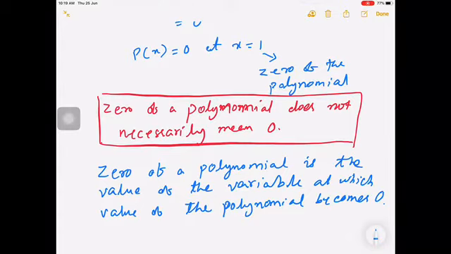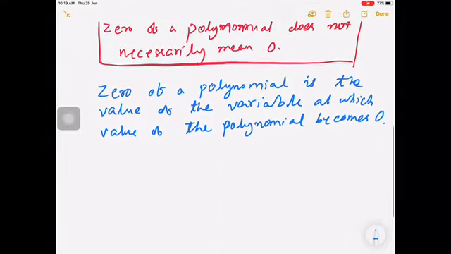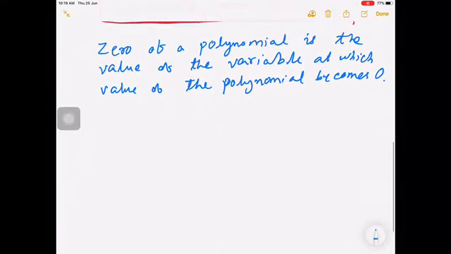Okay, so zero of a polynomial is the value of the variable at which the value of the polynomial becomes 0.